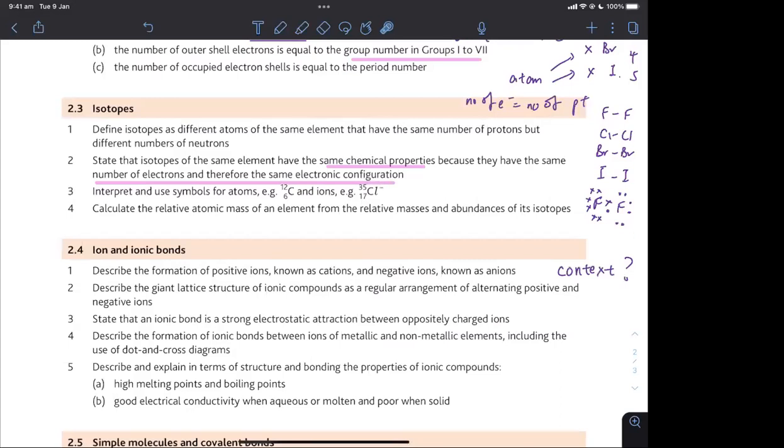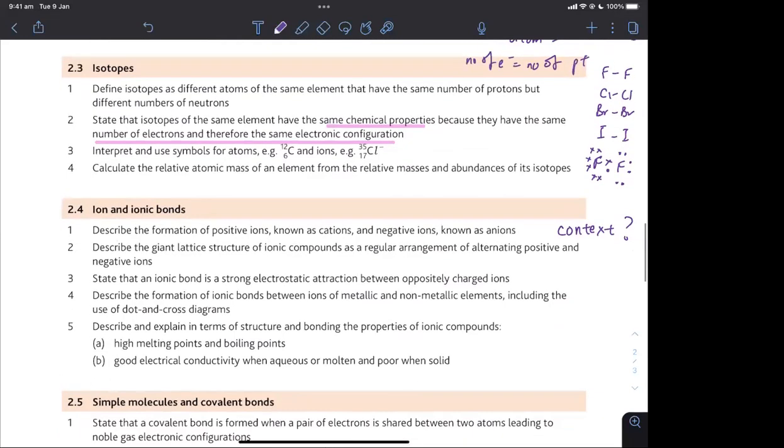Have your points of interest. The number of lines should indicate how much to write. If you have been writing too much, you might have just been wasting your time. So you need to really learn how to summarize your stuff. Things like graphite and diamond, you really need to know how to prepare for them. Some questions always come up again and again, so you should be able to prepare for them.